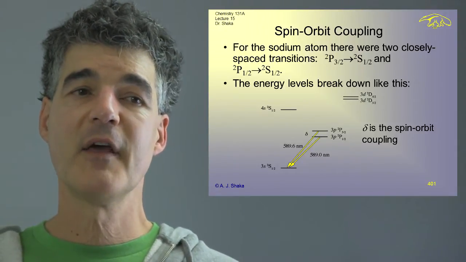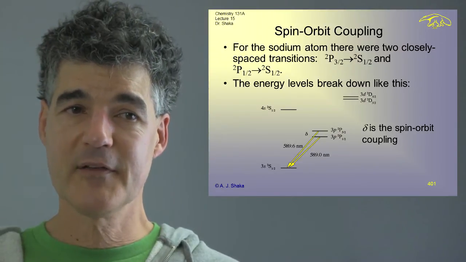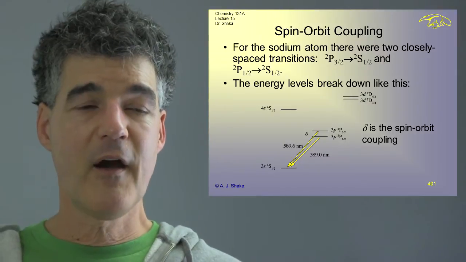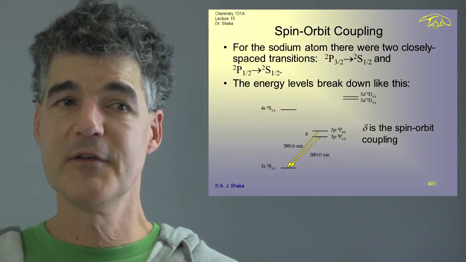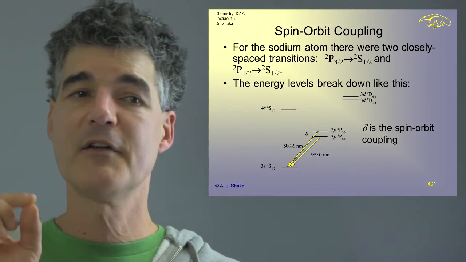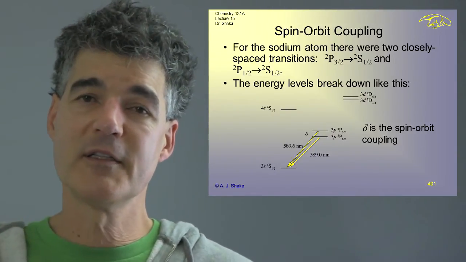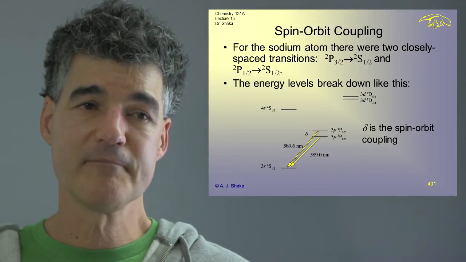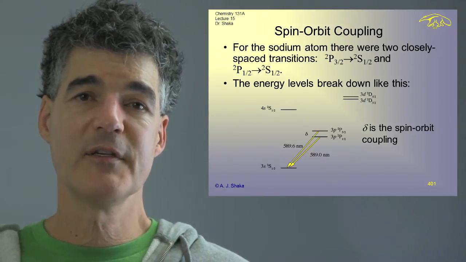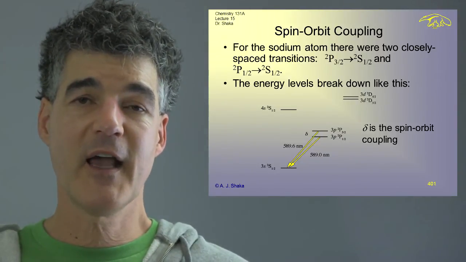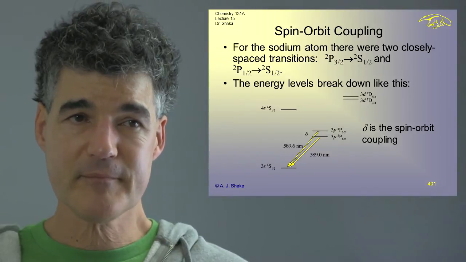The energy levels then break down like this, as I've shown on this figure on slide 401. There are 2 levels, 2 excited states above the ground state, these P states, and they're split by an amount I've called delta in this slide, called the spin-orbit coupling. And what we'd like to do is explore this a little bit and figure out exactly where this comes from.